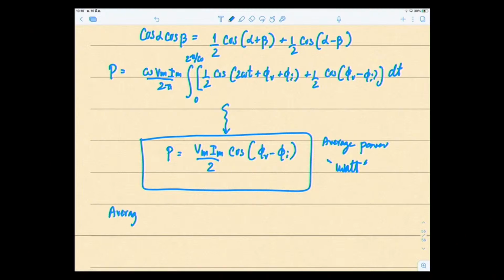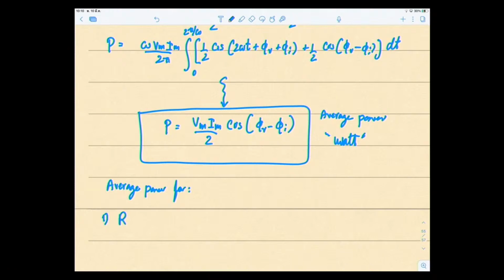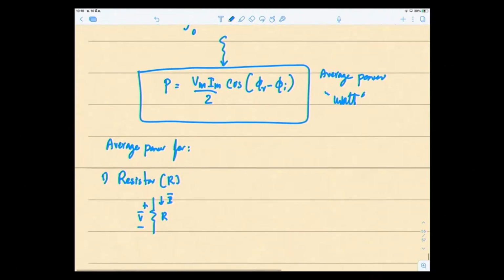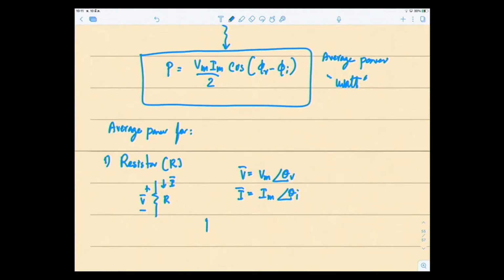Let's look at the first one, the resistor R. You have current, phasor I, through R, and phasor V across it. If phasor V is equal to Vm angle theta V, and phasor I is equal to Im angle theta I, the average power formula is Vm Im over 2 cos of theta V minus theta I.